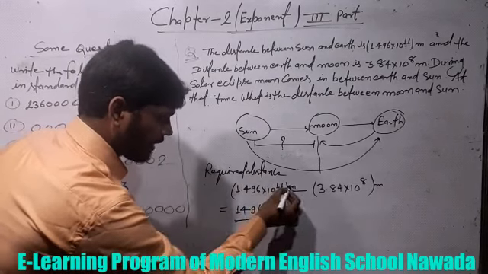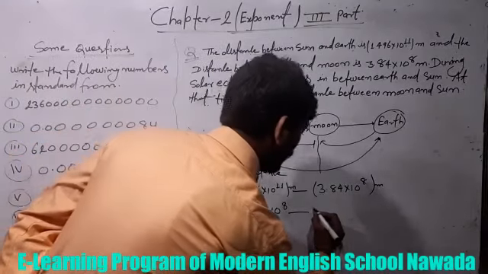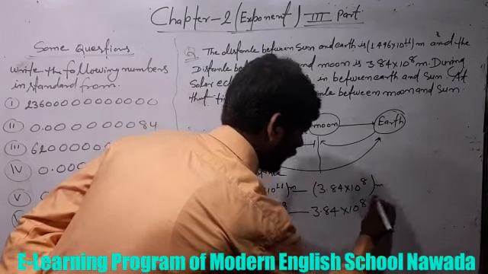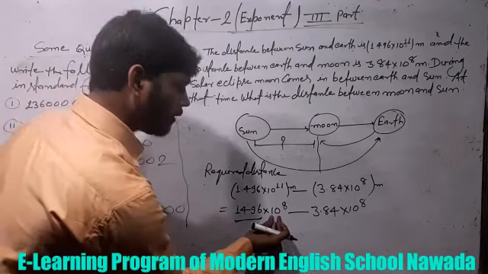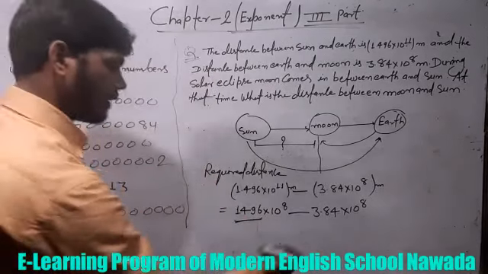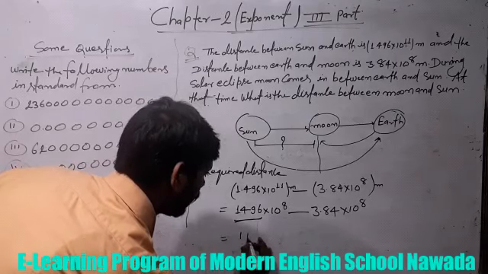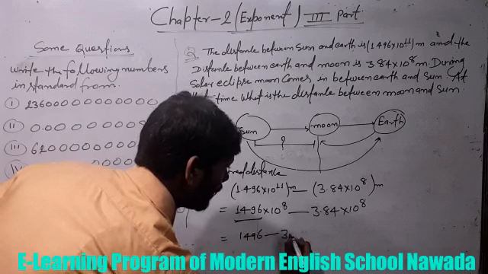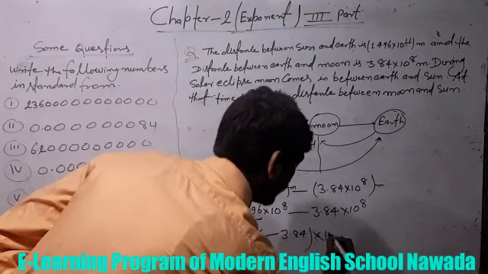Now minus 3.84 into 10 to the power 8. After that you take 10 to the power 8 common and subtract the numbers. That means 1496 minus 3.84 into 10 to the power 8.